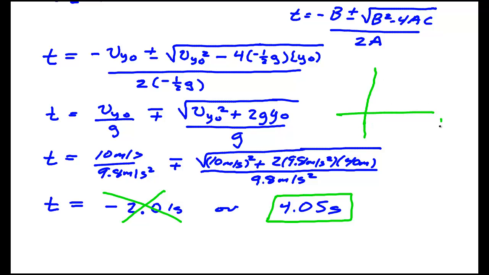So if you were plotting time and you were plotting the height of the ball y, what you would find is that the ball went something like this. And there's the answer at the time that we wanted, right there at 4.05 seconds. And when the ball was right here, this was 40 meters. That was 0.